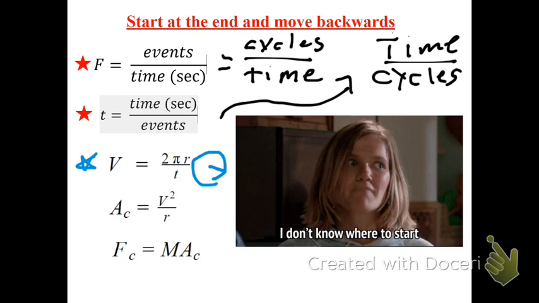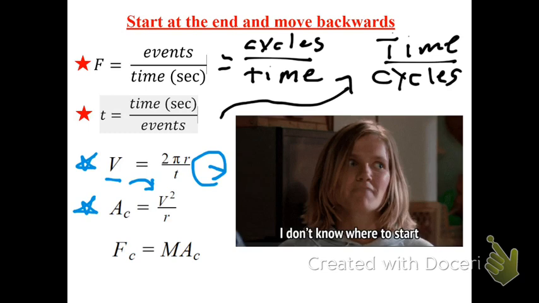So that's our velocity. The next one here is our centripetal acceleration. And we have the velocity that we just looked at, squared, divided by that radius again. So it's just v squared divided by our radius. So in order to use that acceleration problem, you're going to need to know your velocity.